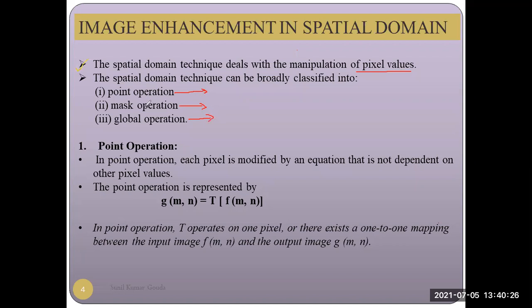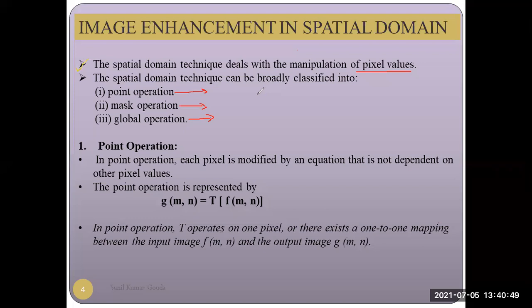These are the three different types of spatial domain techniques that we will define. Point operation means it is performed on a single point. Whatever the operation is, it is performed on that point only. It will not be affected by its neighborhood.